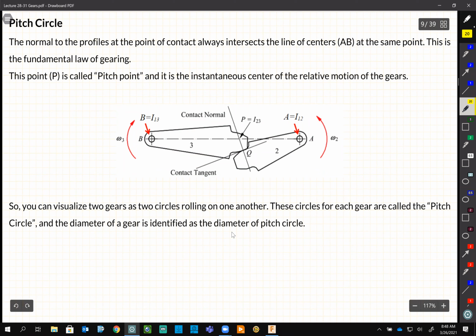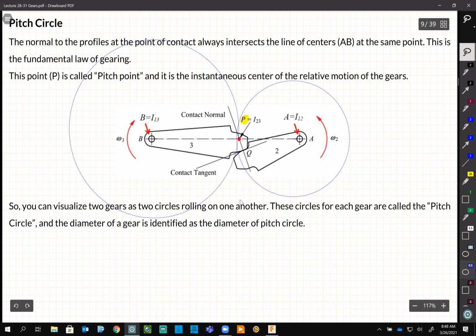So we'll talk about pitch circle, right? And pitch circle, we said, is the circle that is point P. Again, I'm repeating it several times to make sure that you guys understand. Pitch circle for each gear, like the circle, again, if I can draw the circle here, that circle there, and that circle there, maybe not perfect.